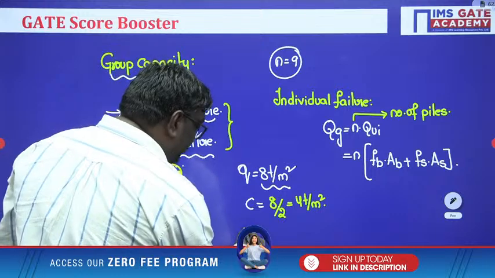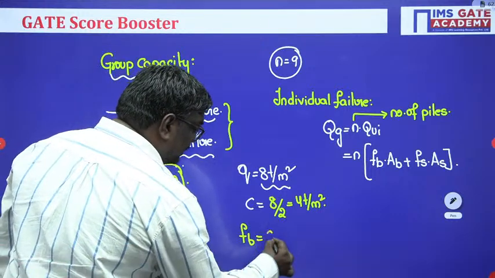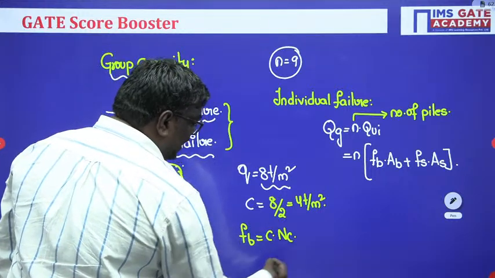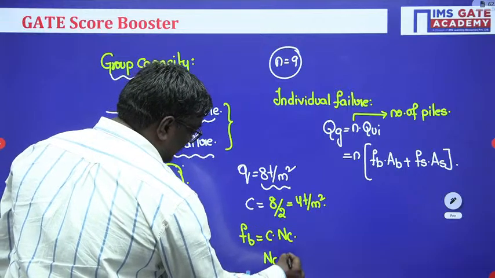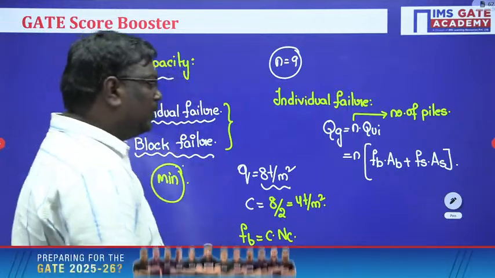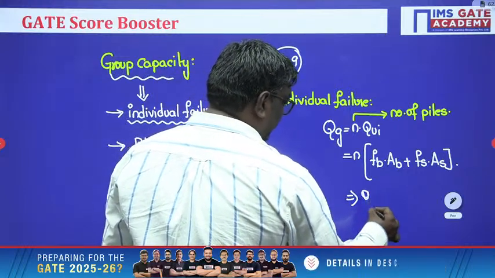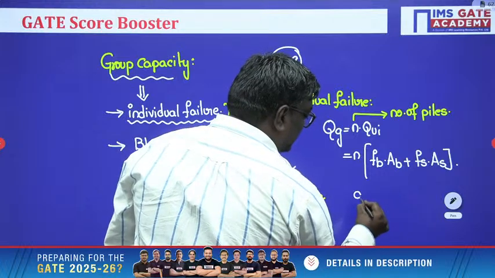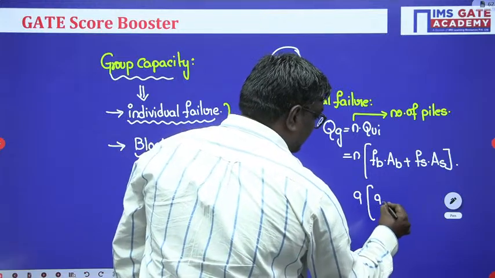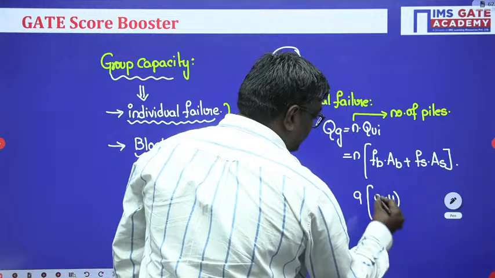Now you know Fb is equal to c Nc. The Nc value is given as 9. So here you can plug in these values. Number of piles is 9. Fb is 9 into Nc, with c value 4.